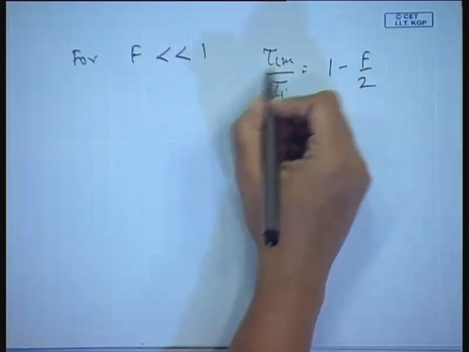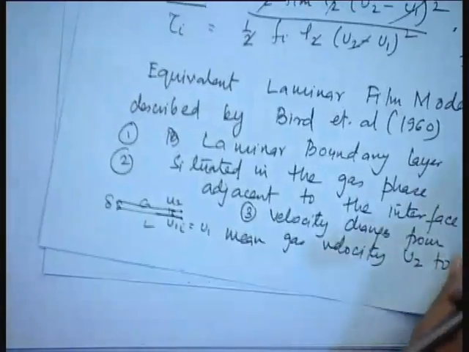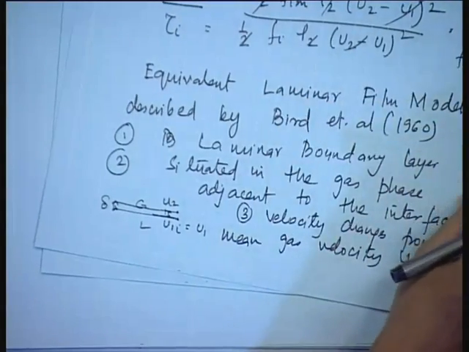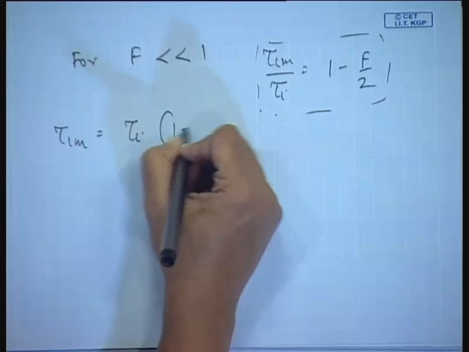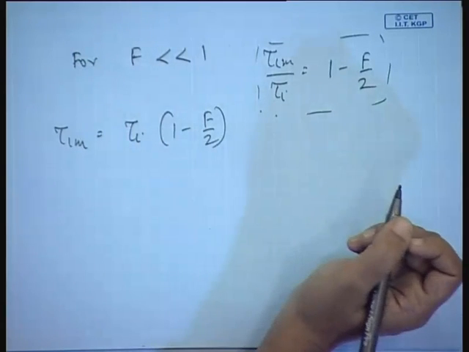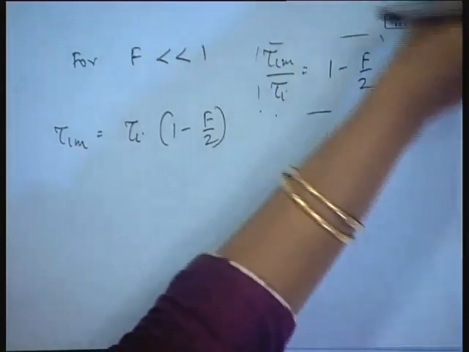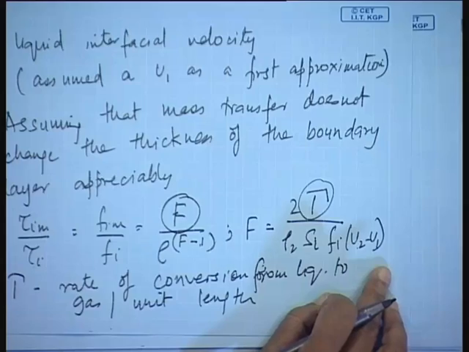Now, if we substitute this equation in here, then what do we get? We get tau im equals tau I into 1 minus f by 2, agreed. Now, what is f? I have already written down, f is 2 gamma over rho 2 SI Fi into u2 minus u1, agreed.